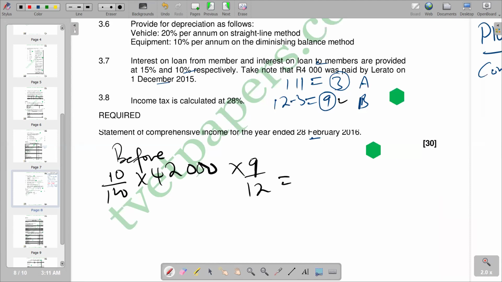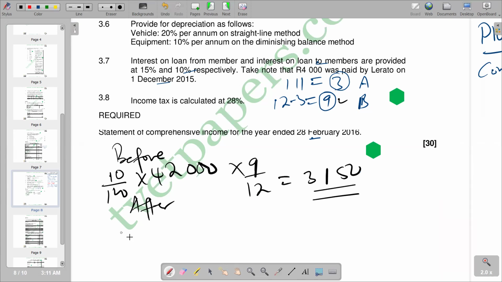Let's see what we get there. 10% is obviously 0.1, and then we multiply by 42,000, and then we multiply by 9 over 12. So you are going to get your figure as 3,150 before, and then after the repayment it was now 38,000.